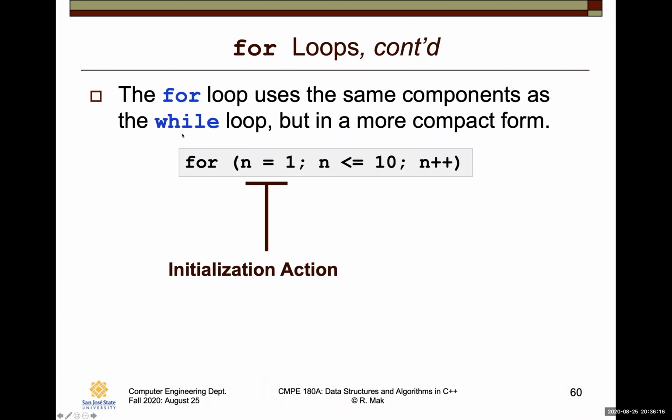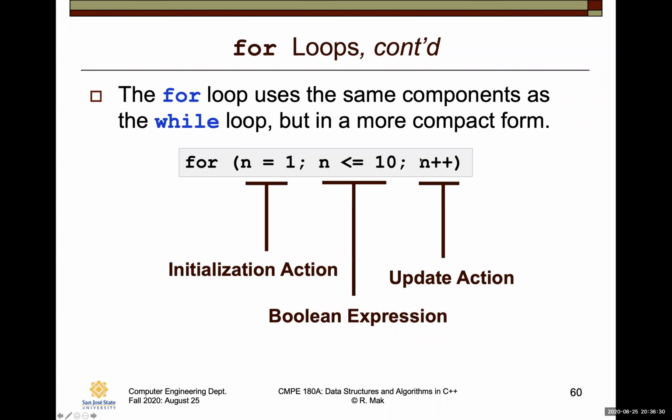I probably say int n or something before the for loop. This is the initialization. This is the Boolean expression that tests whether or not we need to break out of the loop. And then this is the update action that updates the value of the control variable.